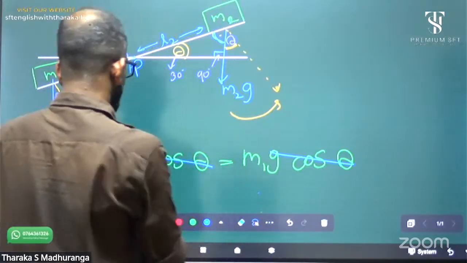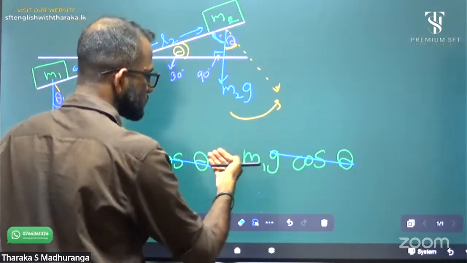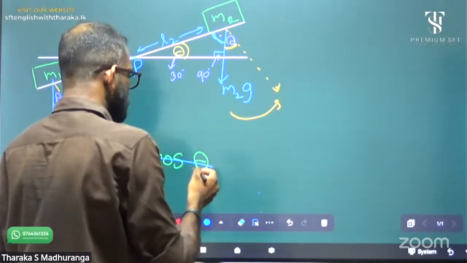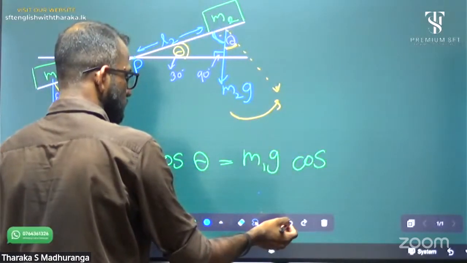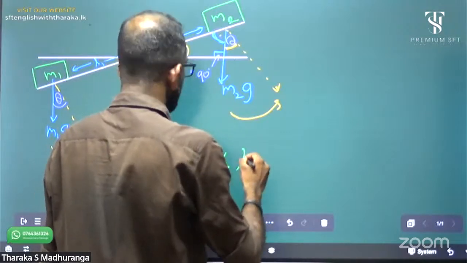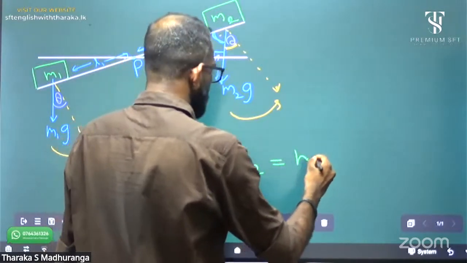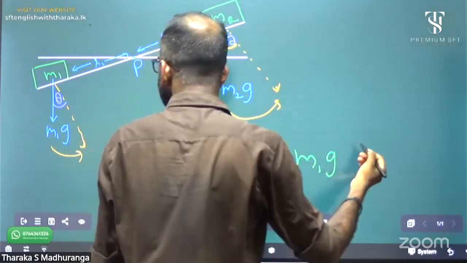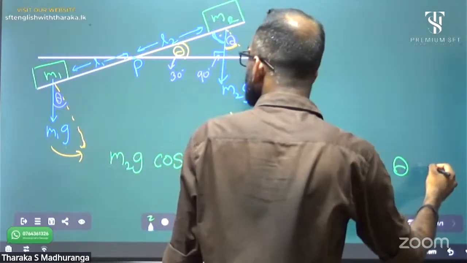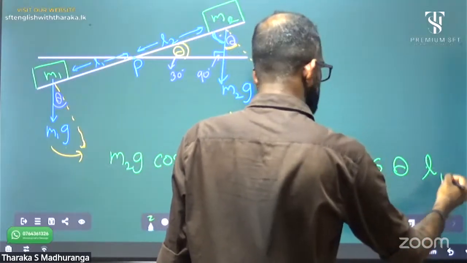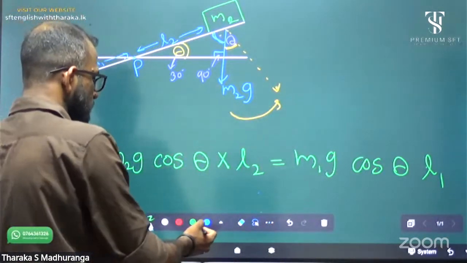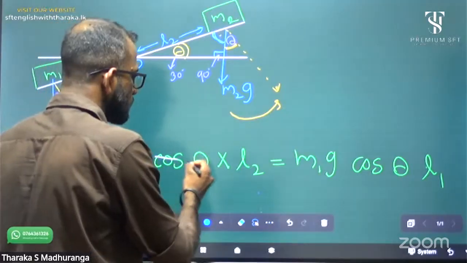Sorry, it must be multiplied by L1 as well. M2G cos theta into L2 equals M1G cos theta into L1. Then the equal terms we can cancel out.